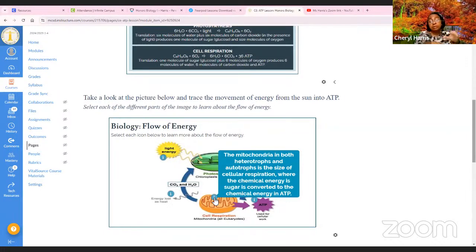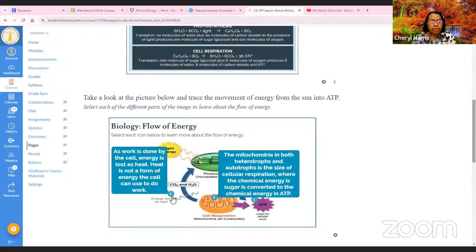Prokaryotes have stuff inside the cell, but they don't have a nucleus, and they don't have all the other little structures that are bound by a membrane. But they find a way to get what they need to get done anyway. But we're looking at this process in eukaryotes. And so this is where cellular respiration occurs, in the mitochondria.